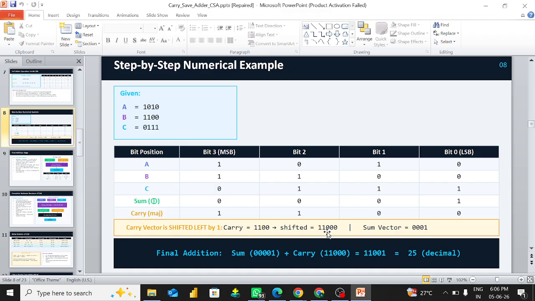Before doing that, inside the carry, we are going to shift by one position. You are going to add 0 to the last place. You can ask why we are shifting the carry to the left. We are adding carry because the carry generated by bit I belongs to bit I plus 1.